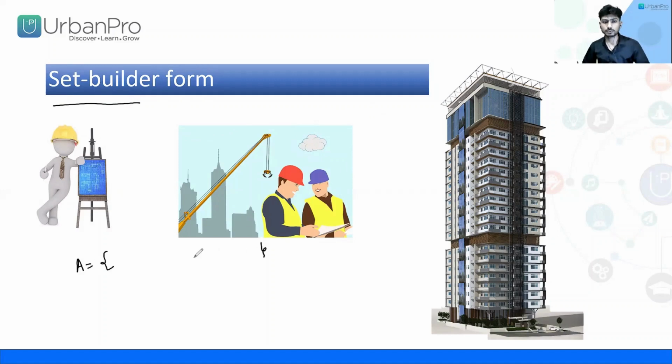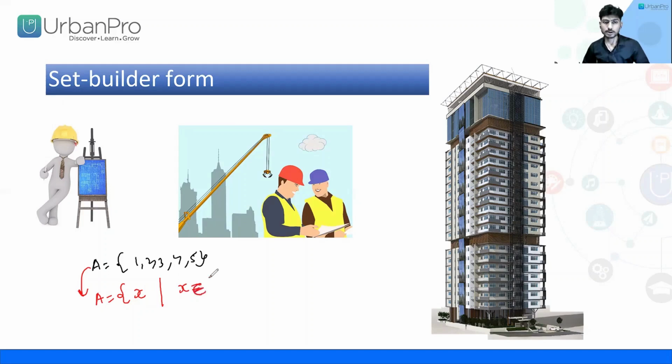Like, I have given a roster form: 1, 2, 3, 4, 5. Now I want to convert it into set builder form. Set builder form means I have to write a code for this. So I will use x, where x belongs to N, means x is from the set of natural numbers, and here x is less than 6.